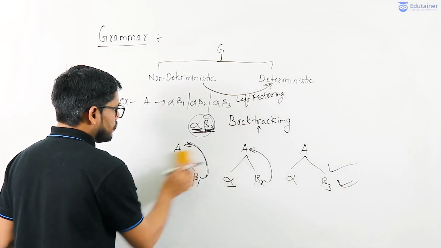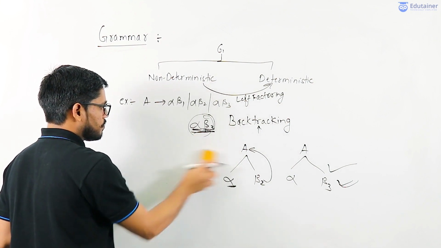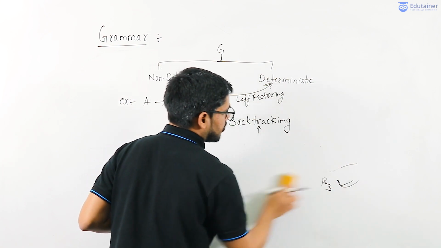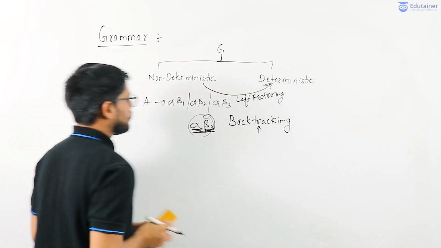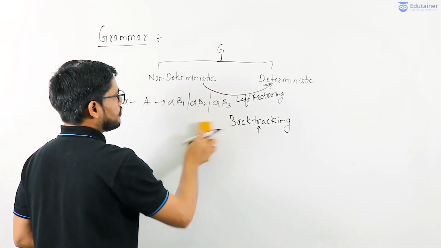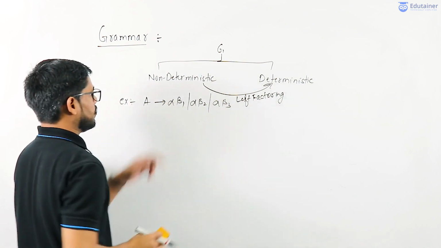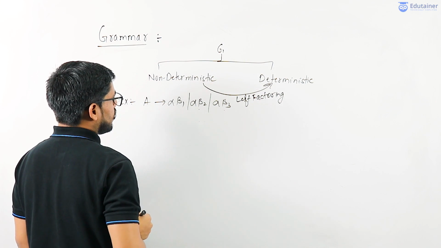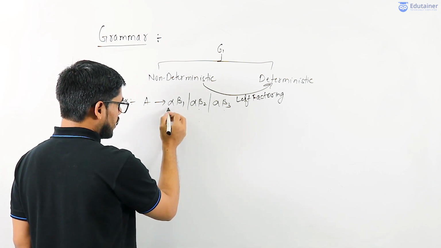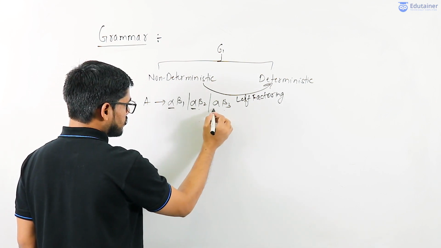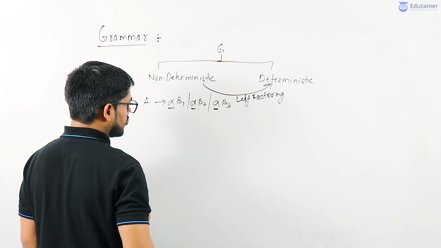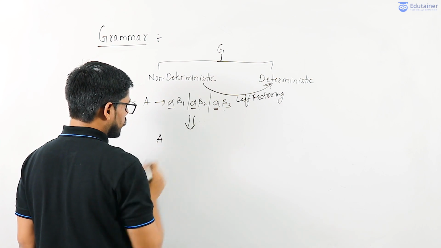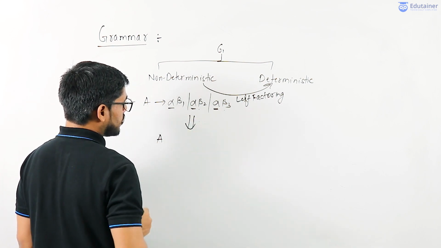So how can we use the left factoring method to convert a non-deterministic grammar into a deterministic grammar? For example, in this grammar, alpha beta 1, alpha beta 2 and alpha beta 3, if I initially find the common prefix of each production, then I can easily figure out how to convert this grammar into a deterministic grammar.